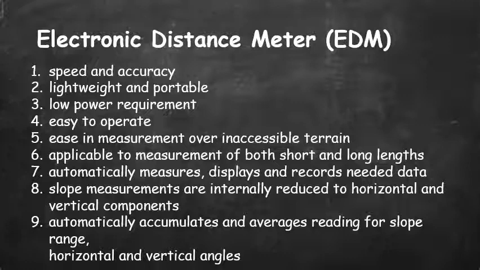It automatically accumulates and averages readings. You can input that it reads 10 times, and the instrument will take the average reading of the measurement. Again, it gives horizontal angles, vertical angles, horizontal distance, and slope distance.